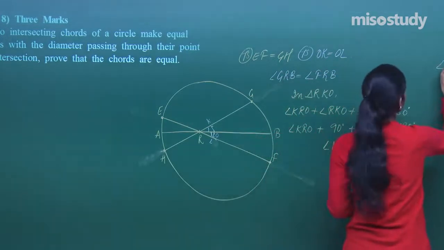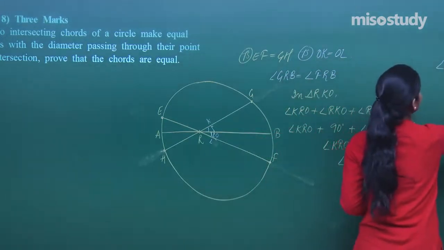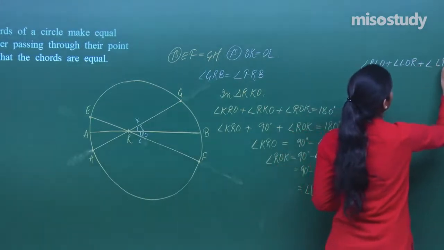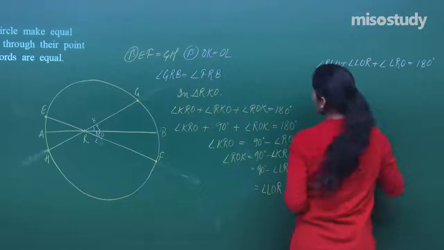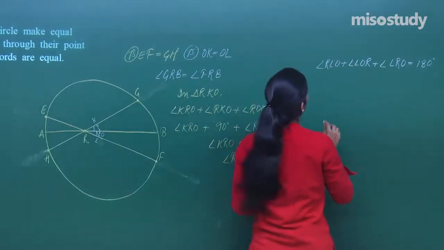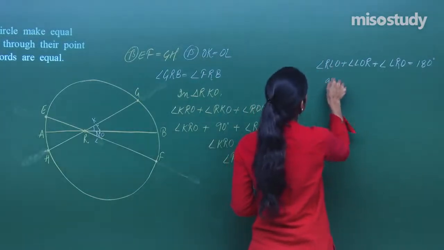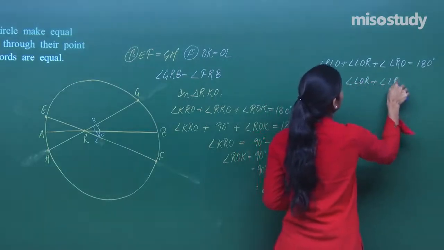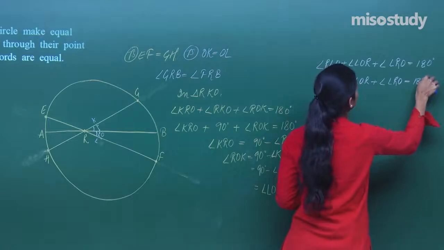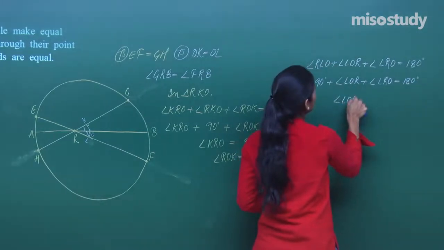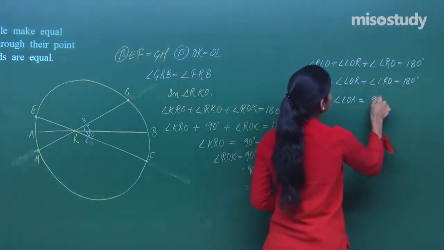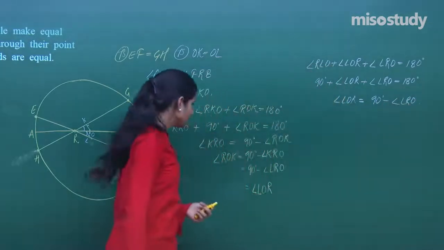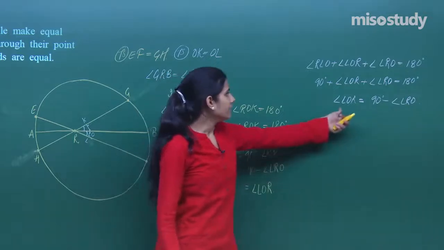Angle RLO plus angle LOR plus angle LRO is 180. Angle RLO is 90, so angle LOR is 180 minus 90, that is 90 minus angle LRO. So 90 minus LRO is angle LOR.